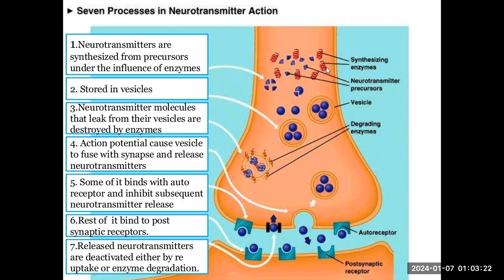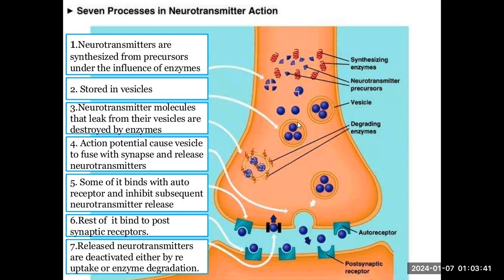So by their action, the neurotransmitters are synthesized from precursors. Number 2, after synthesis, they are stored in vesicles. You can see right here, the neurotransmitter is stored in the vesicle.